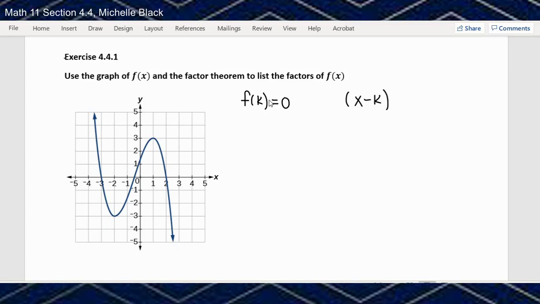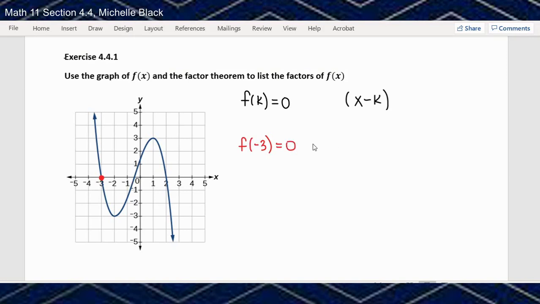Well, f of x is just your y value. So where my y values equal 0 are on my x-axis. So that seems to be the point x equals -3, or we can think f of -3 equals 0.